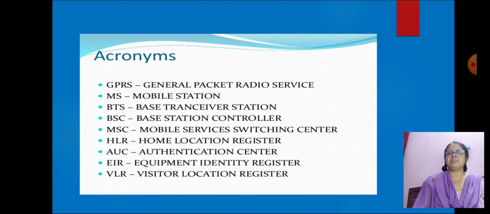VLR is a database which contains information about subscribers currently in the service area of the MSC or VLR, such as the identification number of the subscriber, security information for authentication of the SIM card, and for ciphering, and services that the subscribers can use. The VLR carries out location registration and update.